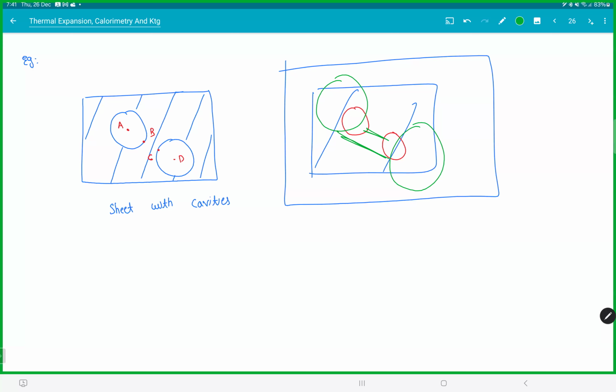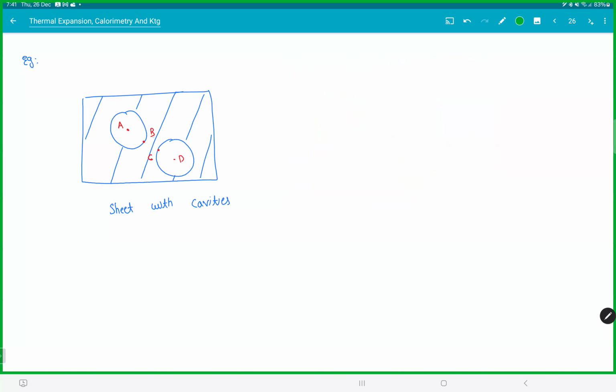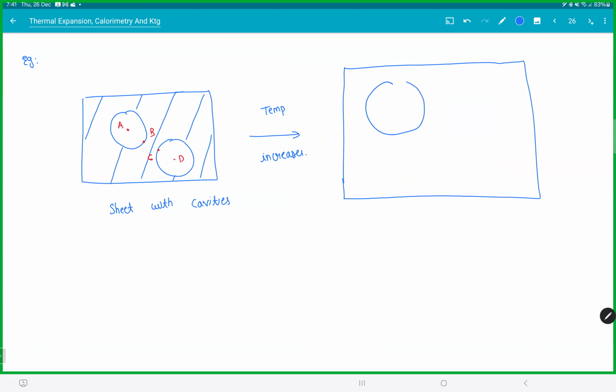Gap increased. So again, the same thing I'm saying: cavities will increase, but this BC material also will expand. Everything will expand. It doesn't matter which 2 points you choose, the distance will always increase. So when you increase the temperature, the sheet becomes bigger. The cavity also becomes bigger. The gap also increases.